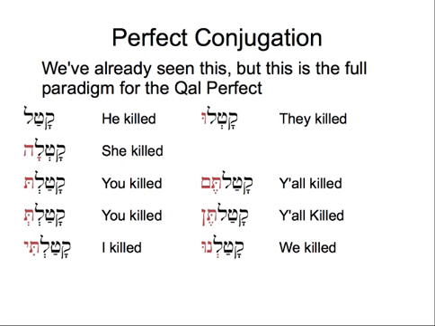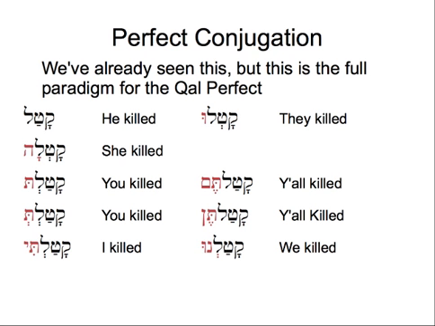You will note that there's both a masculine and a feminine for the second person. You killed: katal-ta for the second masculine singular, katal-ti for the second feminine singular. Likewise for the second feminine plural and second masculine plural.